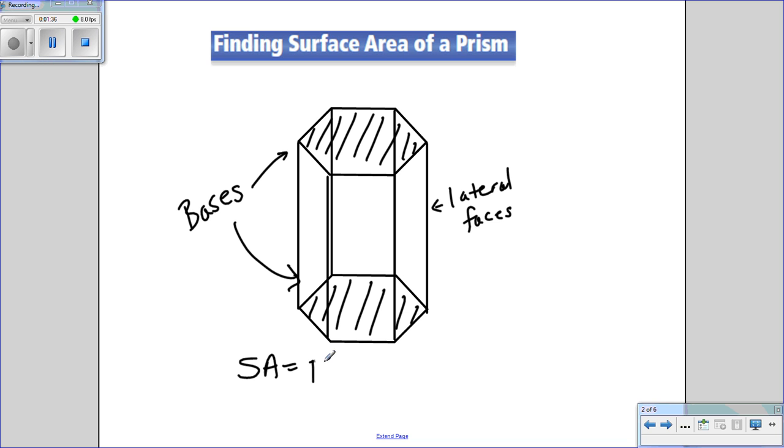It is P times H plus 2 times capital B. Now, what does each of these stand for? P is the perimeter of the base.